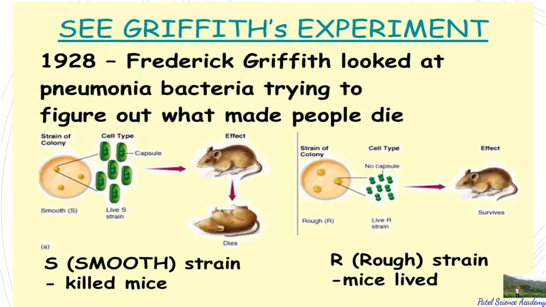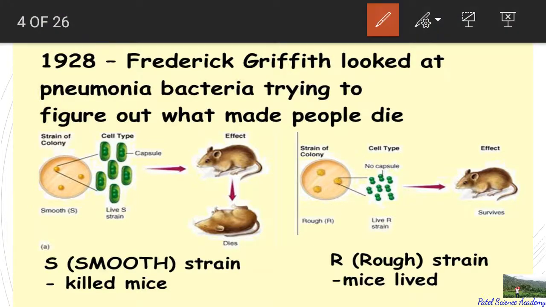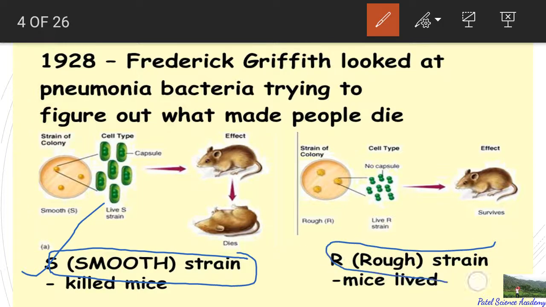So dear students, Frederick Griffith looked at the pneumonia bacteria trying to figure out what made people die. So he used these two strains of this bacteria, as I told you, S type, which was virulent, smooth, pathogenic, encapsulated, and R type, which was non-virulent, non-pathogenic, rough, and non-capsulated.